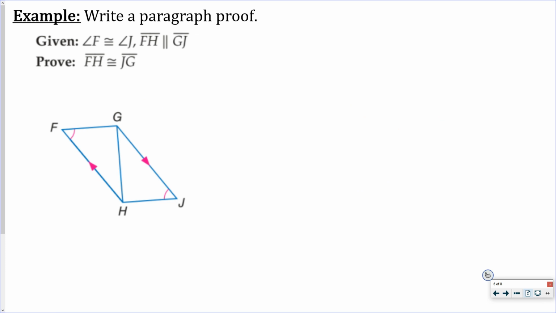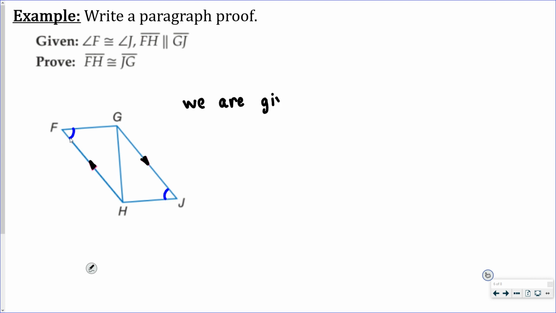Here's what's given to us. Angle F is congruent to angle J. Side FH of that triangle is parallel to side GJ. All right, so just like before, that's where we start.